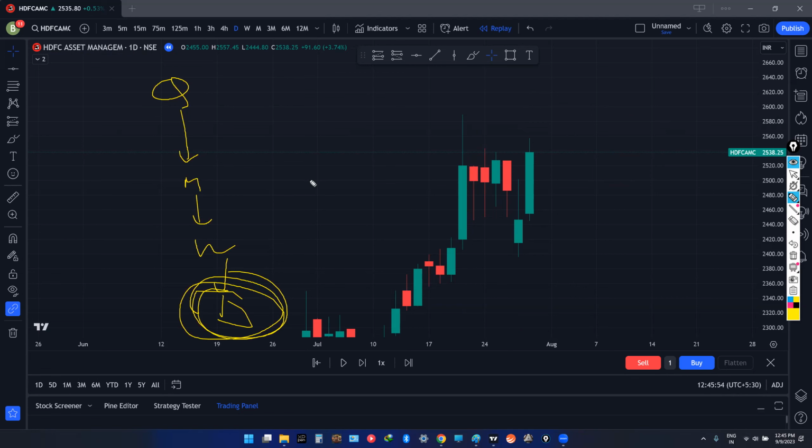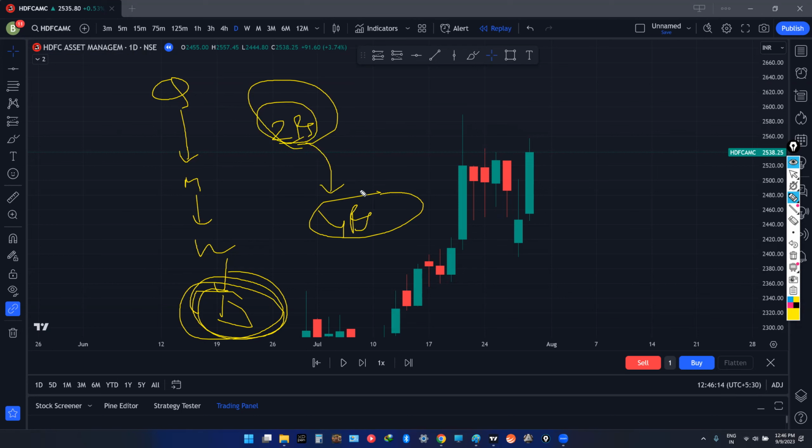So while trading on small time frames, say hourly, daily, weekly, you should be very, very strict on your risk to reward. Suppose your stop loss is 2 rupees and you are getting a profit of 4 rupees. That is enough.